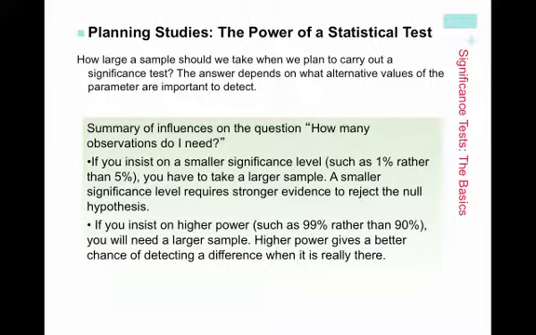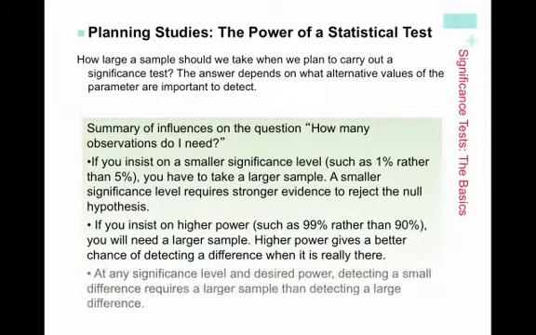Higher power gives a better chance of detecting a difference when it's really there, but better results need larger samples. And at any significance level or desired power, detecting a small difference requires a larger sample than detecting a large difference. If we want to detect a result that's really, really different, that should be shown using a smaller sample size.